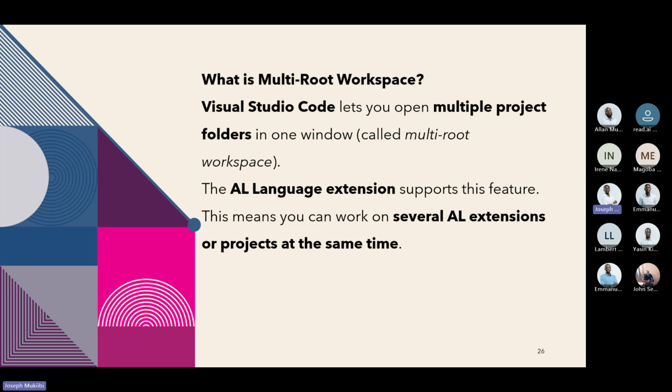The AL language extension supports this feature. This means you can work with several AL extensions or projects at the same time. This is a feature that I had also not used, but I'll just show you how it works.